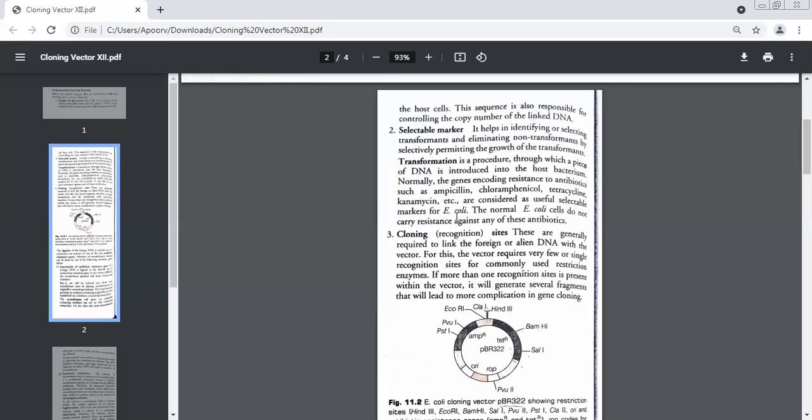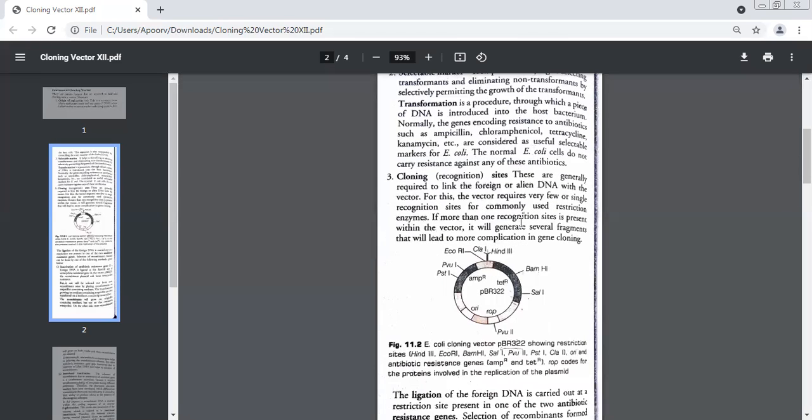The normal E. coli, which are not transformants, do not carry resistance against any of these antibiotics. So once you put the gene, they get resistance against antibiotics. So the transformants will be those E. coli which have resistance against antibiotics. Otherwise, the normal ones, the non-transformants, do not have resistance against antibiotics.